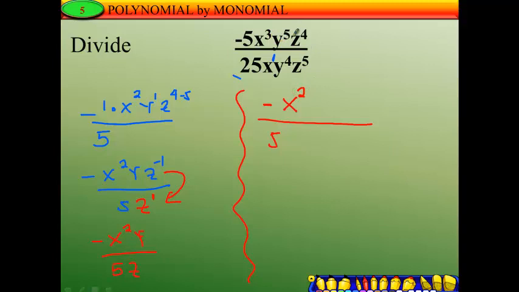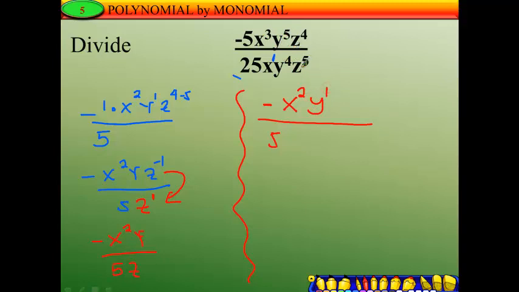y to the fifth power divided by y to the fourth power. The exponent of the y in our numerator is higher compared to our denominator, so your y stays in your numerator. Subtract the exponents, 5 minus 4, which is 1.